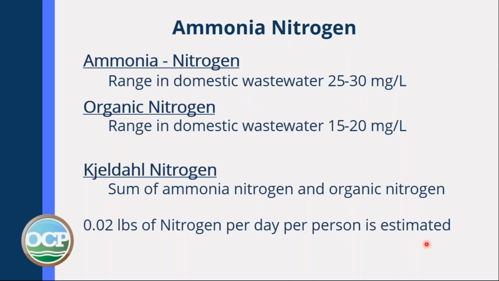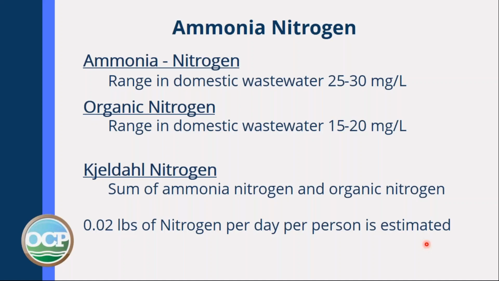So some of the other parameters that we will have to test for is ammonia, or this is another way of saying nitrogen. We can either look at this as nitrogen as ammonia.